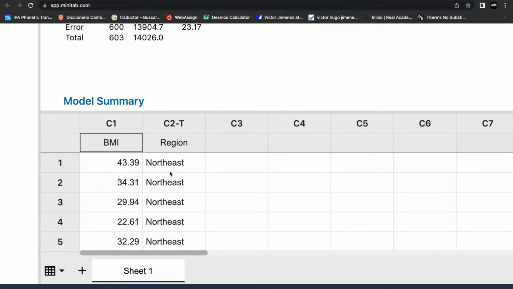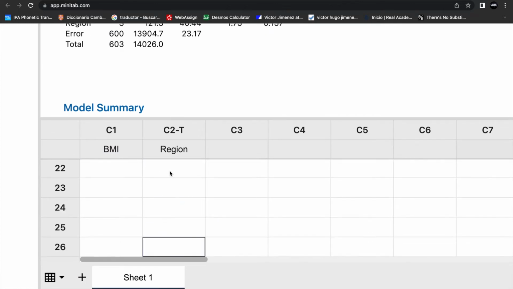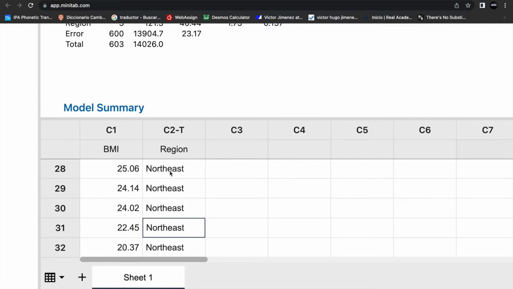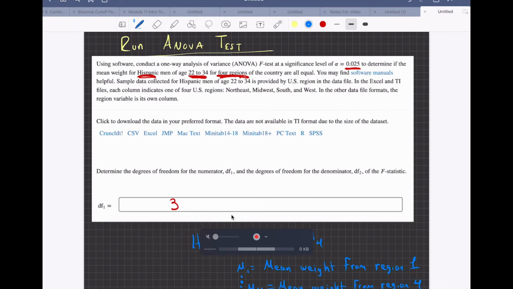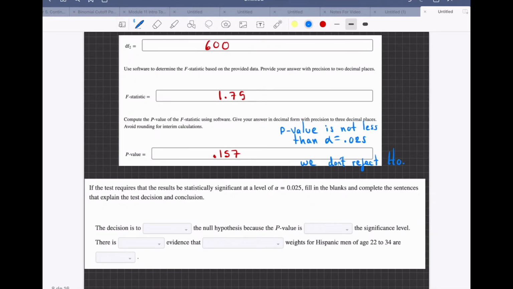You see? I think Northeast. If you want to be more specific about this, there you have. But we have 4 regions. The point is that we have 4 regions, and the means from the 4 regions are supposed to be equal. We are not rejecting that. So no evidence to say they are different, right?